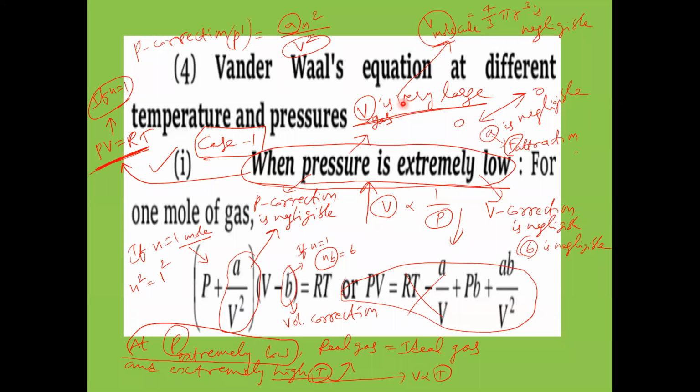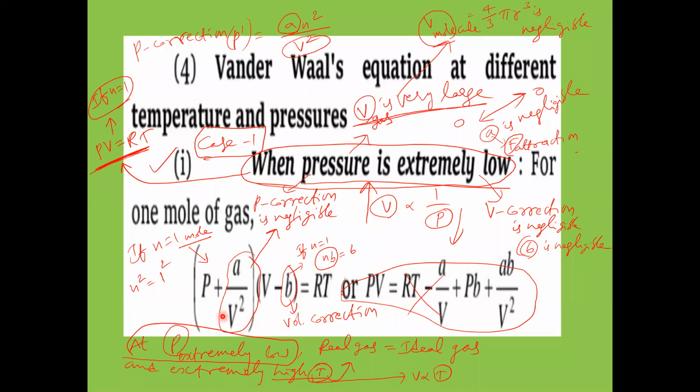Moreover, when volume is very large at high temperature and extremely low pressure, the pressure correction will be very low, so it can be neglected. Also, when the volume of gas is very large, the volume of each gas molecule in comparison to the very large volume of gas can be neglected.